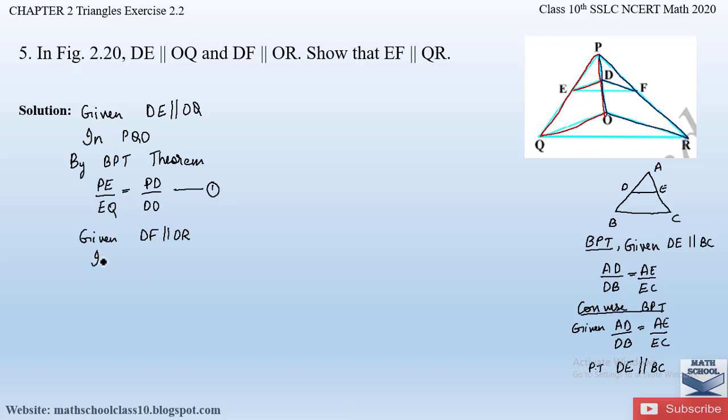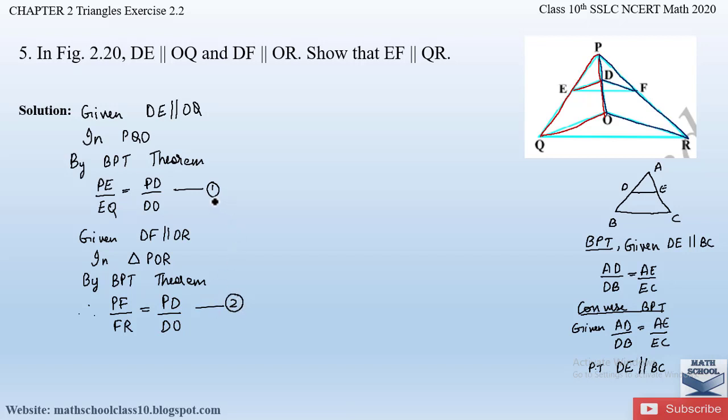Write down: in triangle POR, since DF is parallel to OR, let us apply the BPT theorem. We have the other two sides divided in equal proportion, that is PF by FR is equal to PD by DO. Let this be equation number 2.